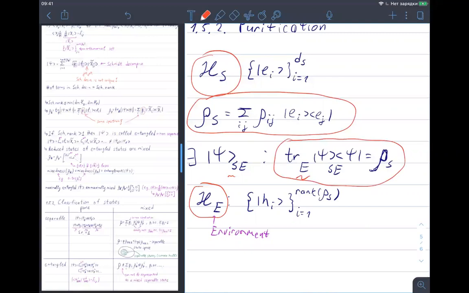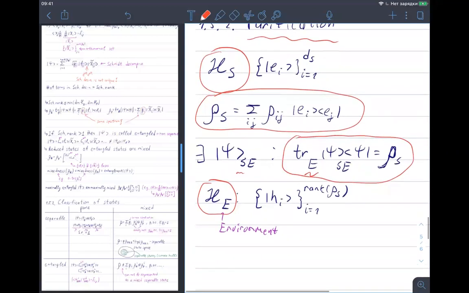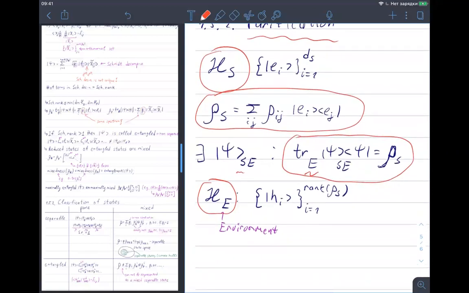It's pure, so that is why this procedure is called purification. We take our mixed state and say that every mixed state is a part of some pure state in some extended space.